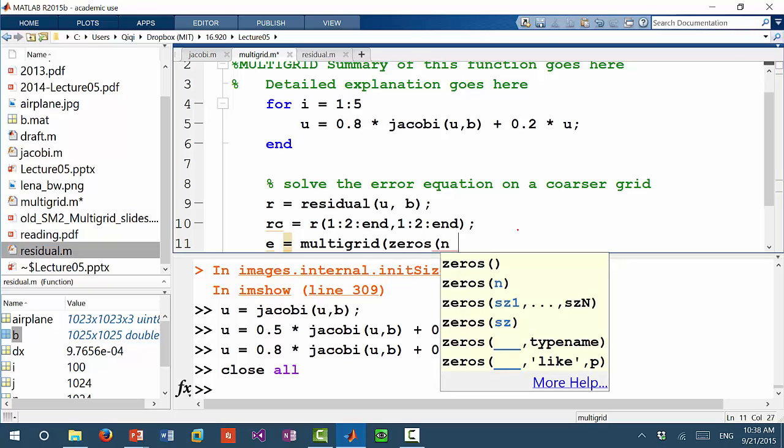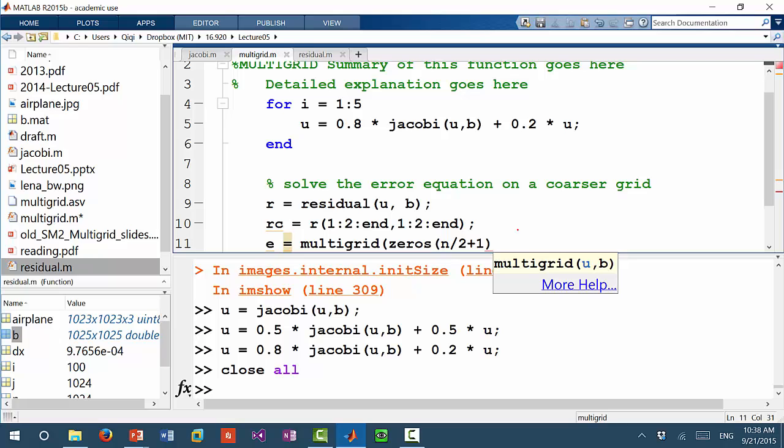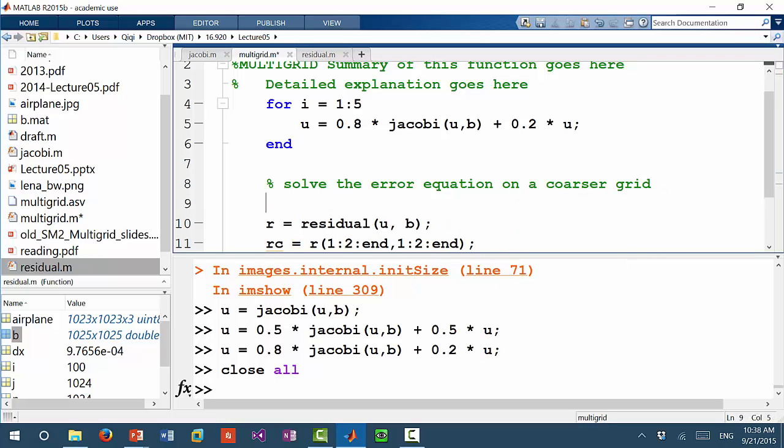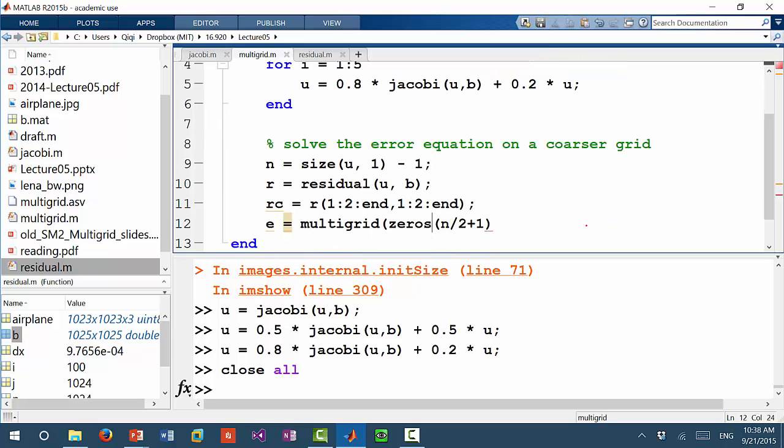Zeros and divide by 2 plus 1. Oh, I don't have n here. So let me compute n. N is equal to size of u1 minus 1, right? And this is my initial guess, and RC. Let me call it EC.